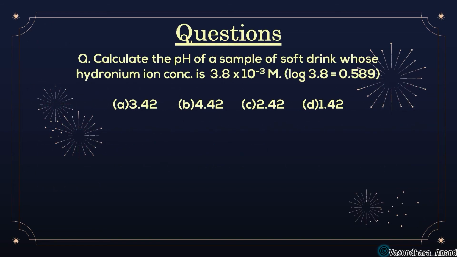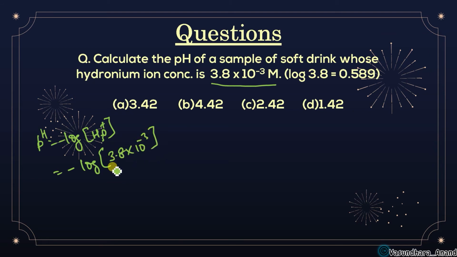So here is a question. Let's solve it. Calculate the pH of a sample of soft drink whose hydronium ion concentration is 3.8 into 10 to the power minus 3. So we know that pH is equal to minus log H plus or H3O plus, isn't it? So minus log of 3.8 into 10 to the power minus 3. Can I consider this as m and this as n? So this will be equal to minus log 3.8 plus log 10 to the power minus 3.